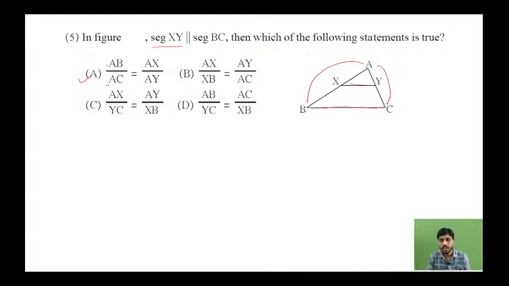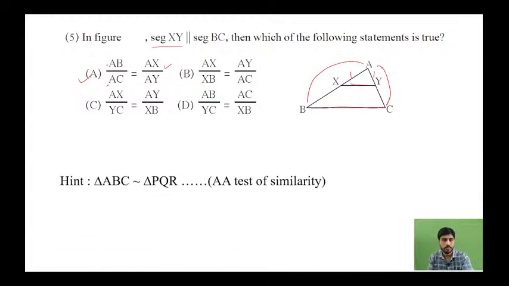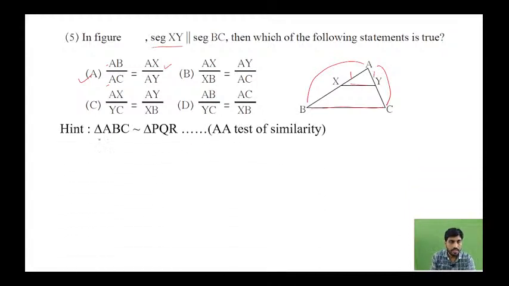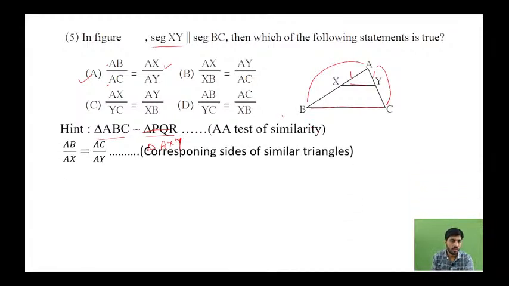Triangle ABC and AXY are similar to each other. So we can say AB upon AX will be equal to AC upon AY because these are corresponding sides of similar triangles.